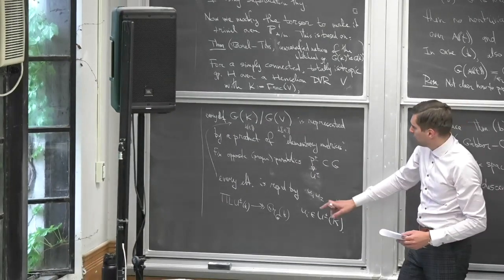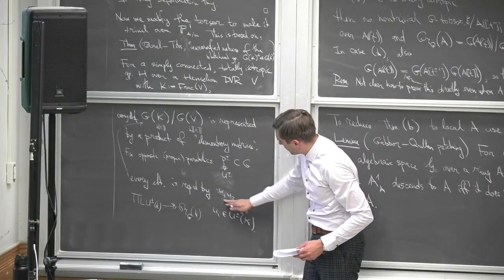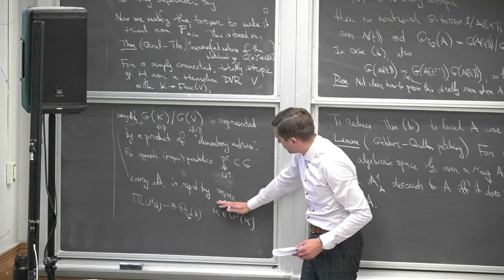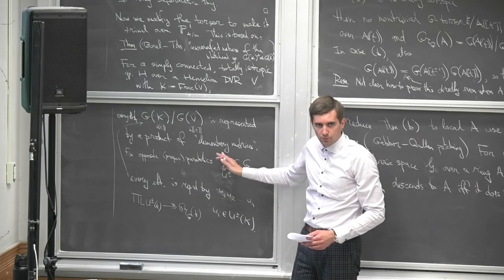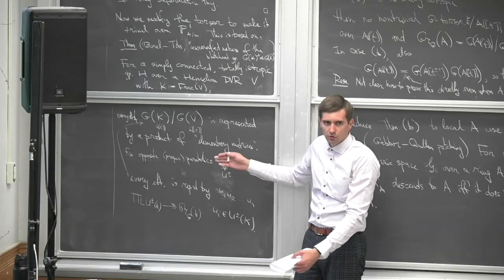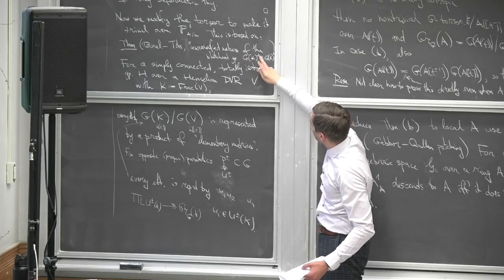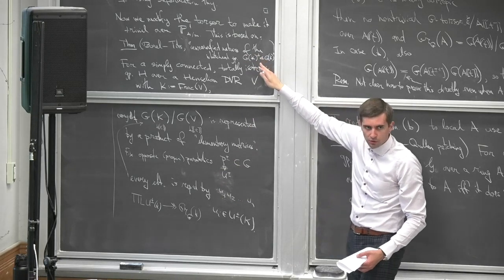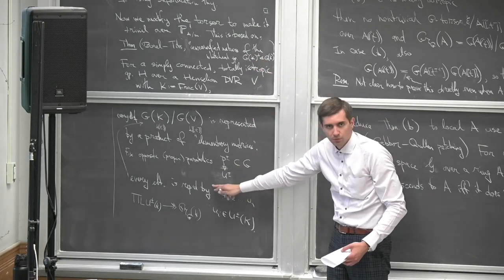When you start taking all these products, one thing that gets proved is that the set of all such products does not depend on the choice of these opposite parabolics. You can choose any two of them. And then this Whitehead group GK plus is just the subgroup which consists of all these products.